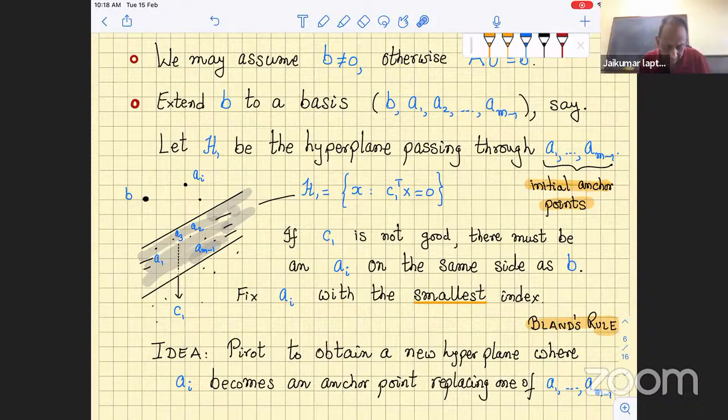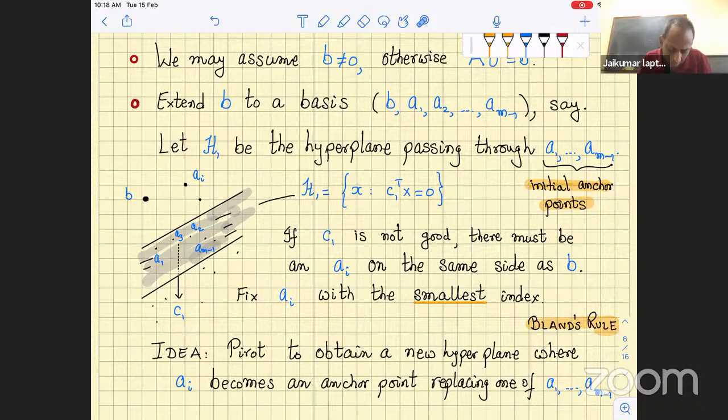Now, the question is, are we done? Are the conditions for the second number 2 already met? Well, B is on one side. The hyperplane passes through m-1 linearly independent points.